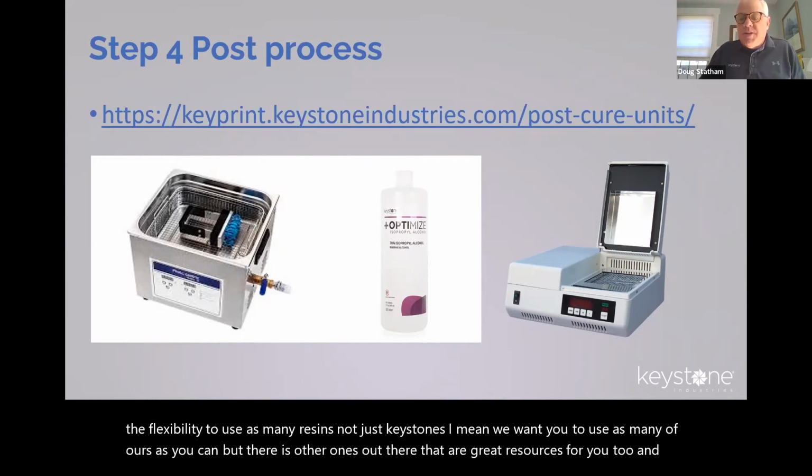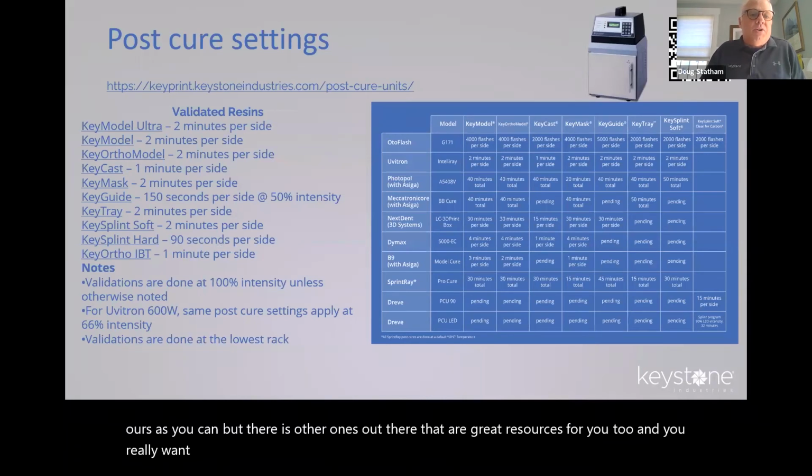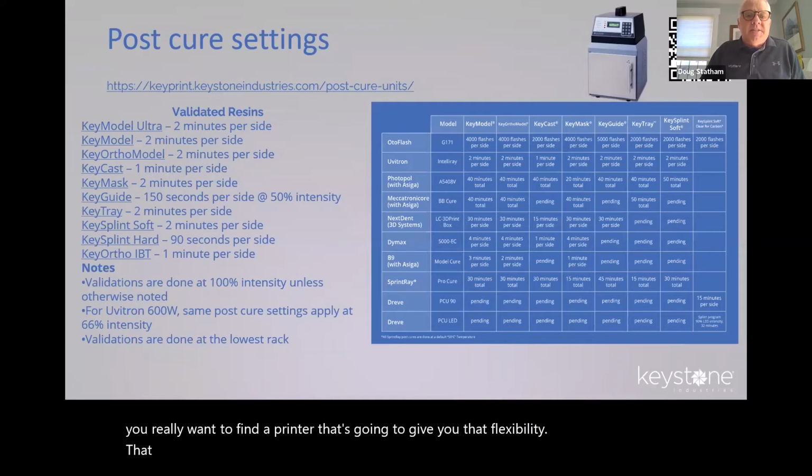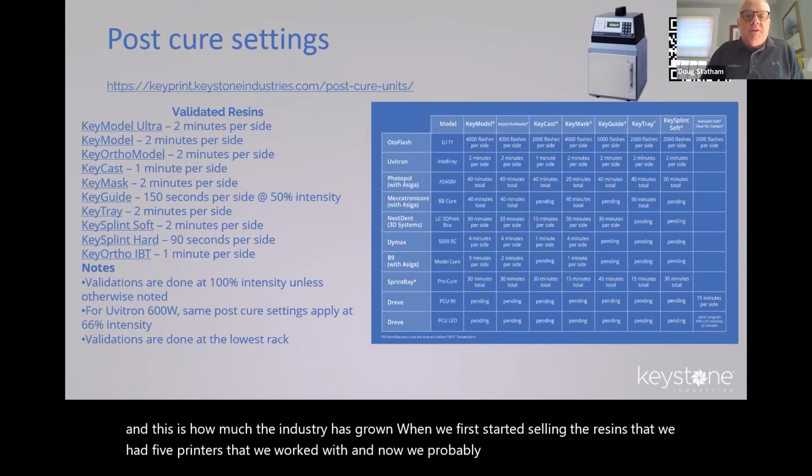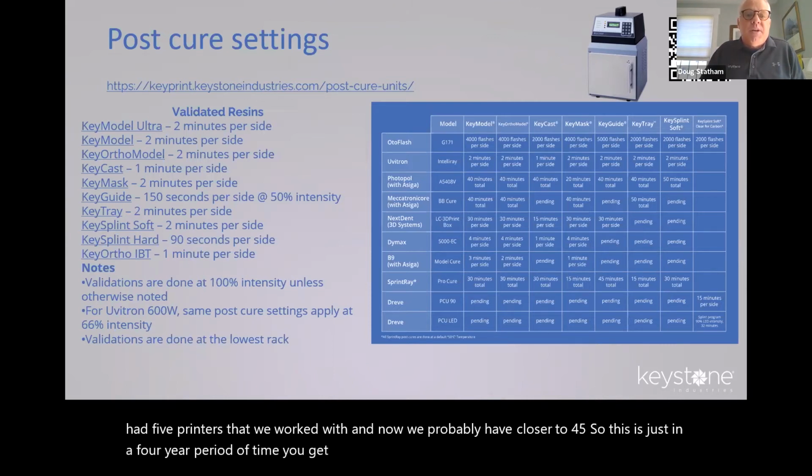So all of these that we work with, we will actually go through and test and figure out how long and what the light intensity needs to be in order to properly cure this. Again, this is a great resource for you if you're shopping for a post curing unit, or if you're not getting the optimal results out of the material. You can go to this link on our website, and it'll show you exactly how to set up that machine to optimize the different materials that we offer.